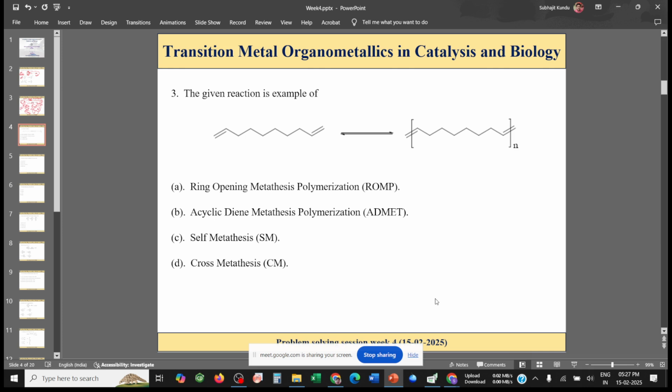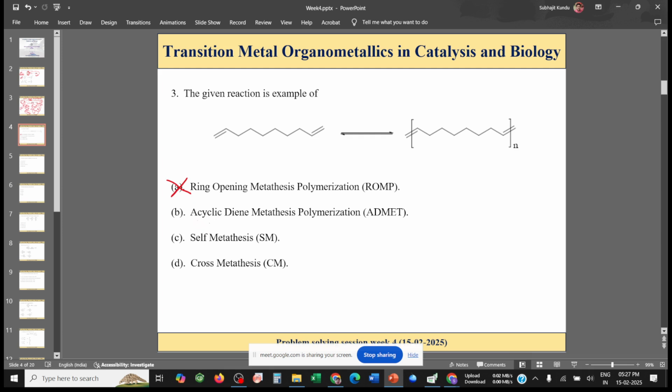As we all know, ring opening metathesis is only possible when there is a ring. Here we don't have any ring, it is a linear chain, and the polymer formed is also a linear chain. This is not a ring. As I told earlier, option elimination can be a very powerful tool to go closer to your correct answer. So option A is not possible. You can cut out this option first.